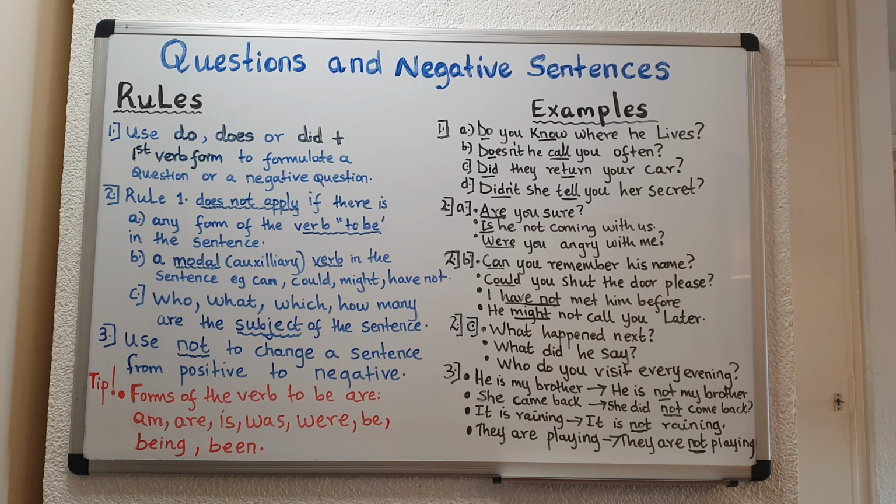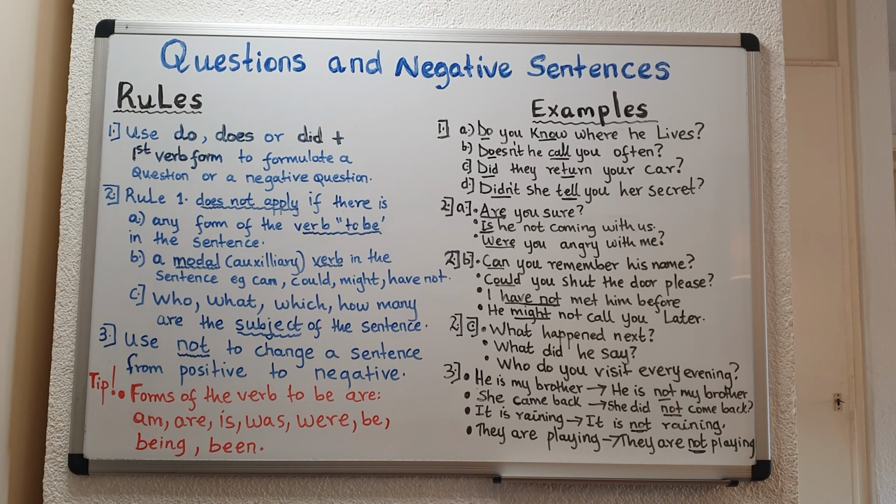Now, this brings me to the end of this lesson. I hope you found the lesson useful and informative. I hope you now know how to ask questions in English. Remember, you can either use do, does, or did at the beginning of your sentence, or you can ask your question using a modal verb.